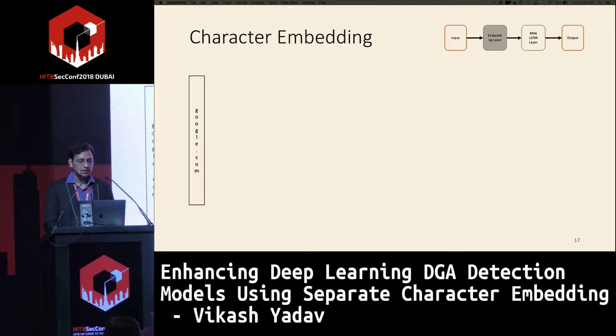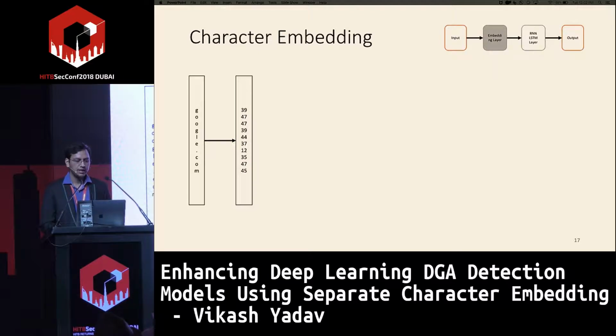The input, which is the domain name, is then passed through an embedding layer. The machine learning model requires a fixed size numeric input, but our domains are sequences of characters. So we need to pre-process this input into a machine learning readable format. The first step is to convert these character sequences to integer sequences.